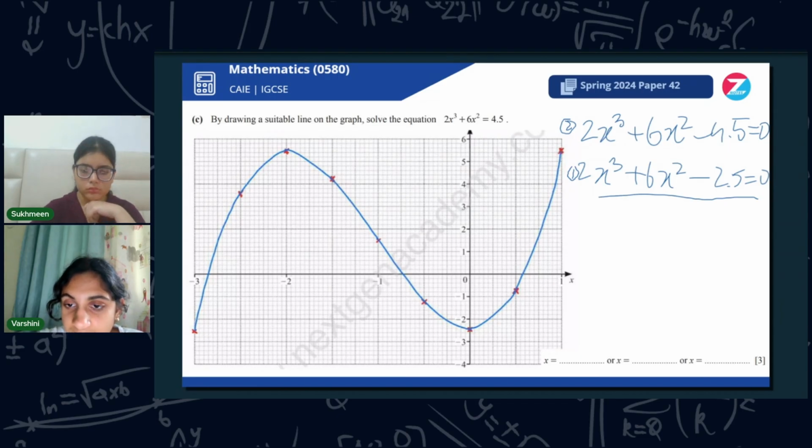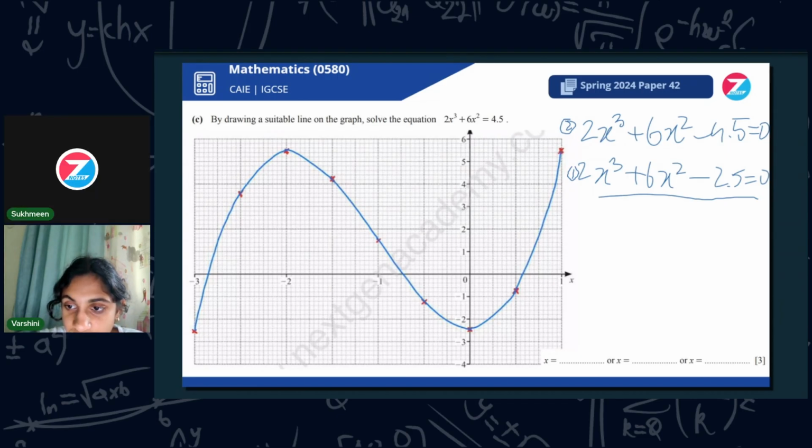So we can just find the difference by subtracting equation 2 from equation 1. Okay, so we can just put over here minus 2x cubed minus 6x squared and minus minus 4.5 equals 0. So now if we subtract these, over here you should get 2.